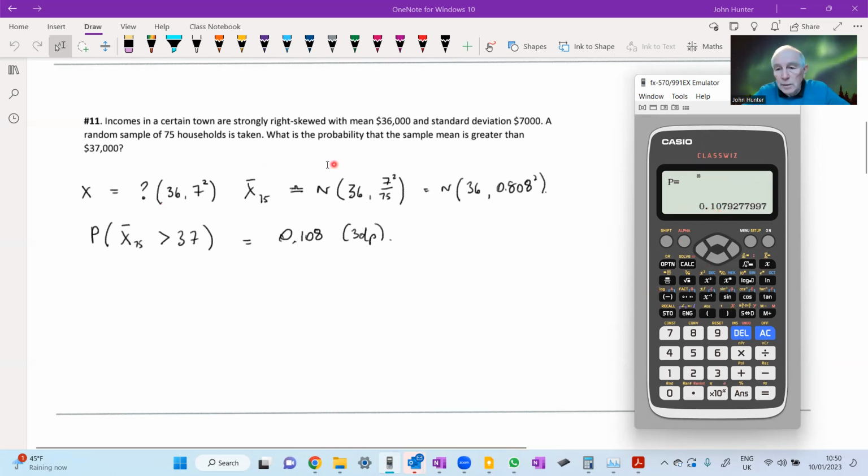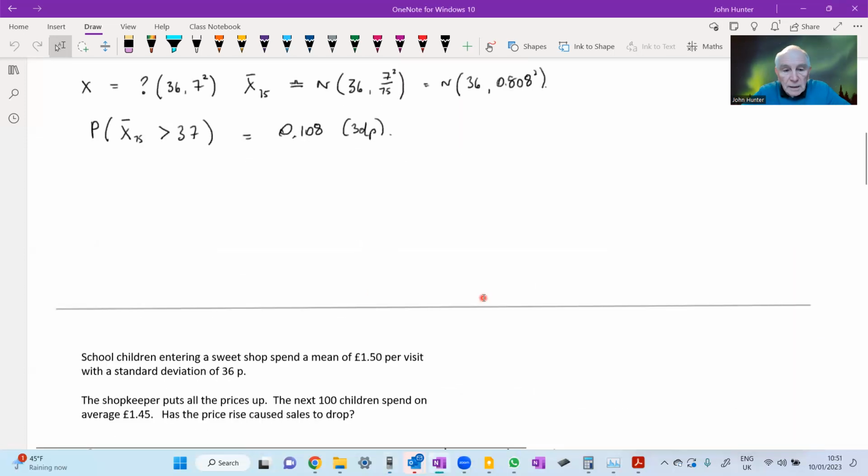So the probability is 0.108 to 3 decimal places, and we would have to take a view as to whether or not that was an extreme kind of outcome, or whether it does support our ideas about the original distribution or not. Okay, so that is that one.